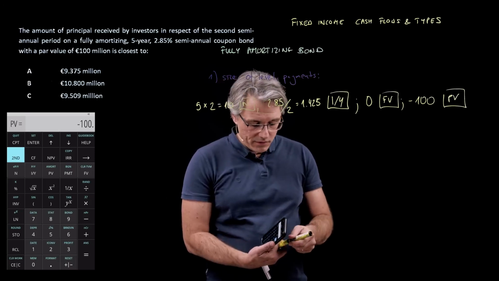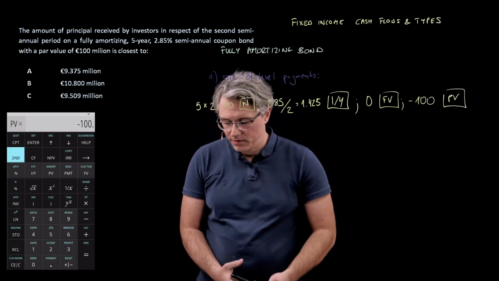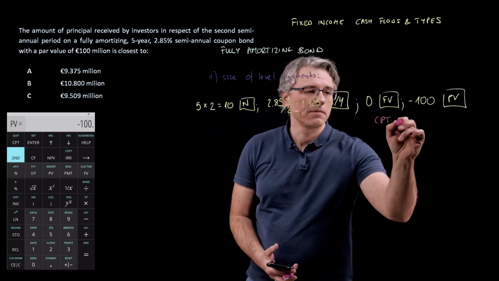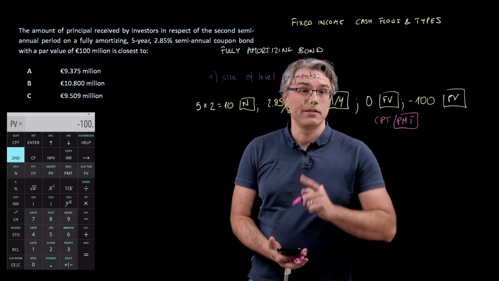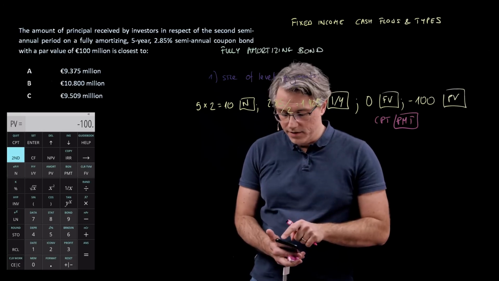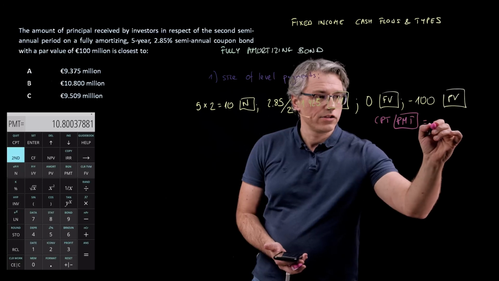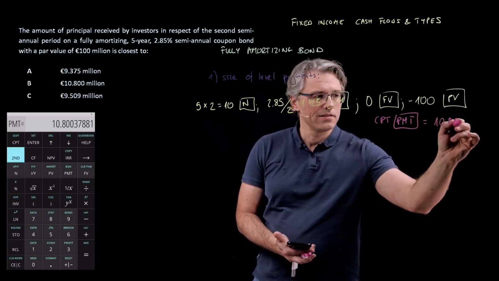PV now, do CPT PMT to compute the periodic payment. So CPT in the left-hand upper corner of the calculator keys, CPT followed by PMT, and my calculator is showing me that PMT is 10.800.